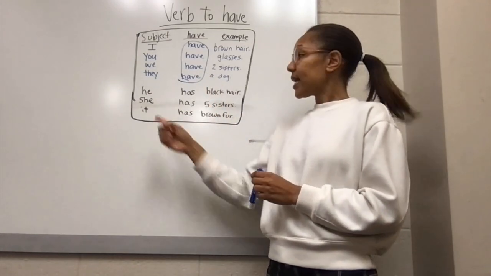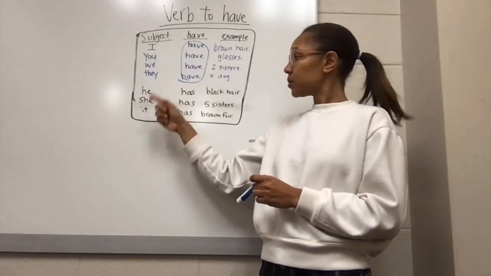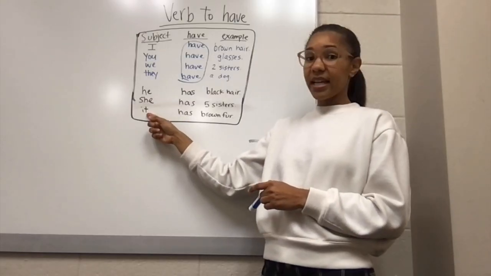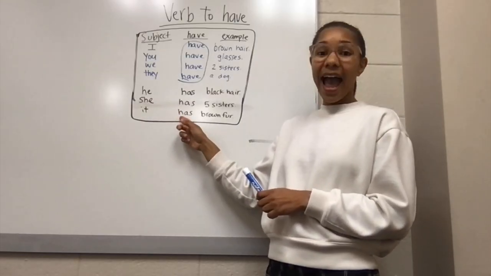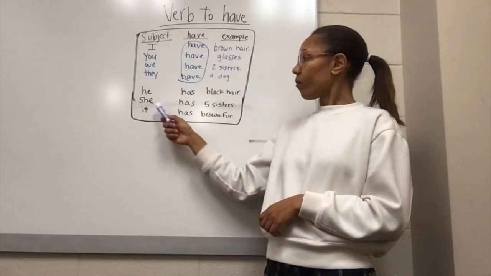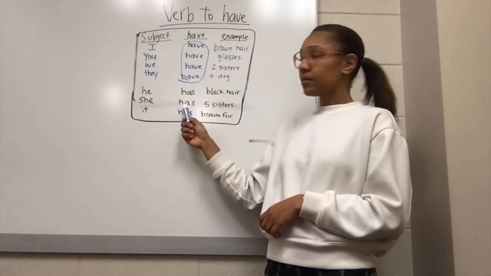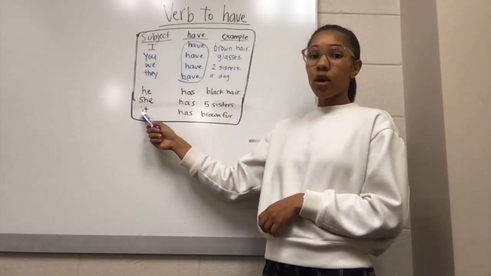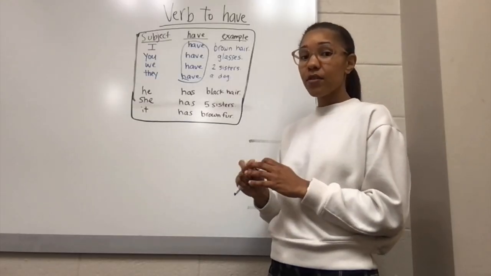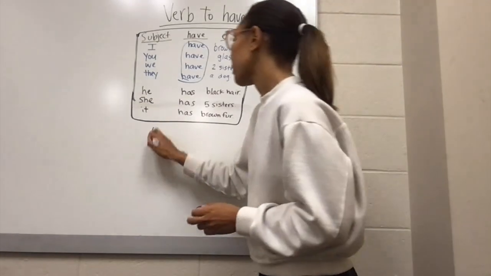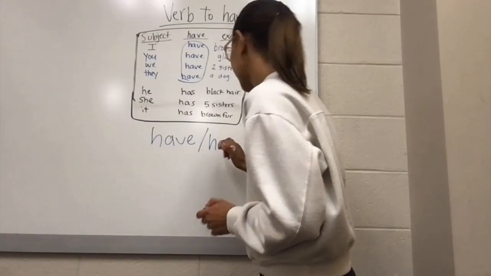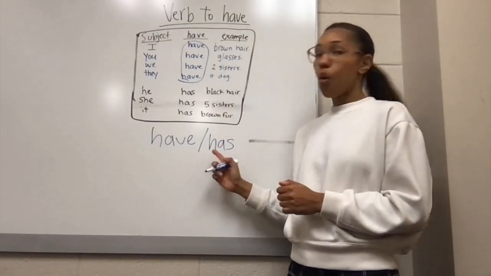So when we use he for a male, or she for a female, or it, meaning a thing, we want to use has. So he has, she has, or it has. So with the verb to have, there are only two options: have or has.